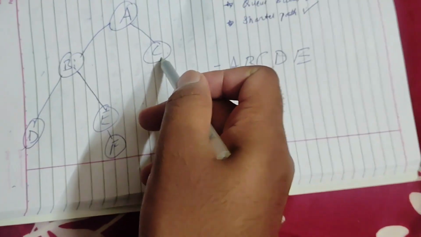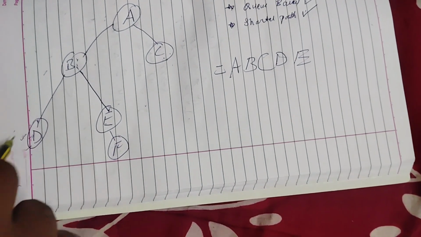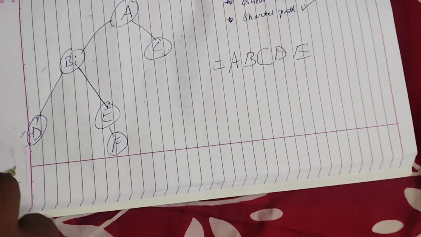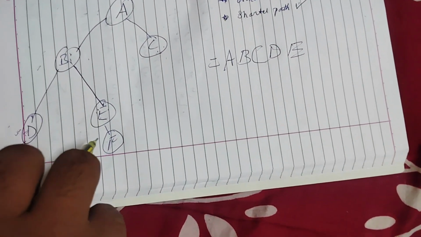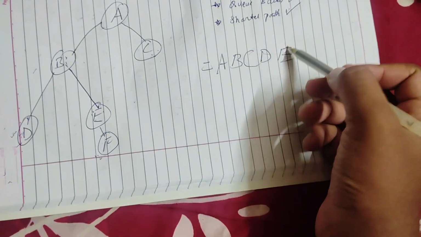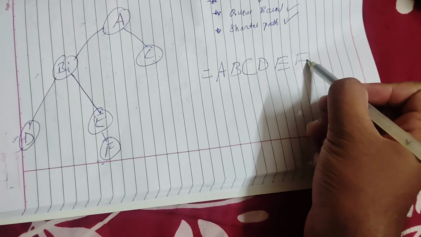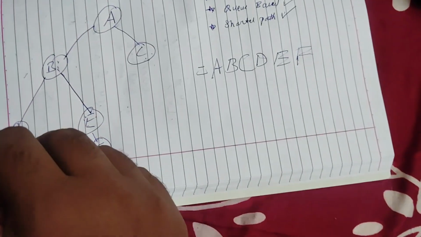No level 3 for C. Then it comes to D and checks whether there is a level 4. No. And in E, it checks whether there is any level 4. Yes, there is a level 4 called F. So this will be the answer: A, B, C, D, E, F.